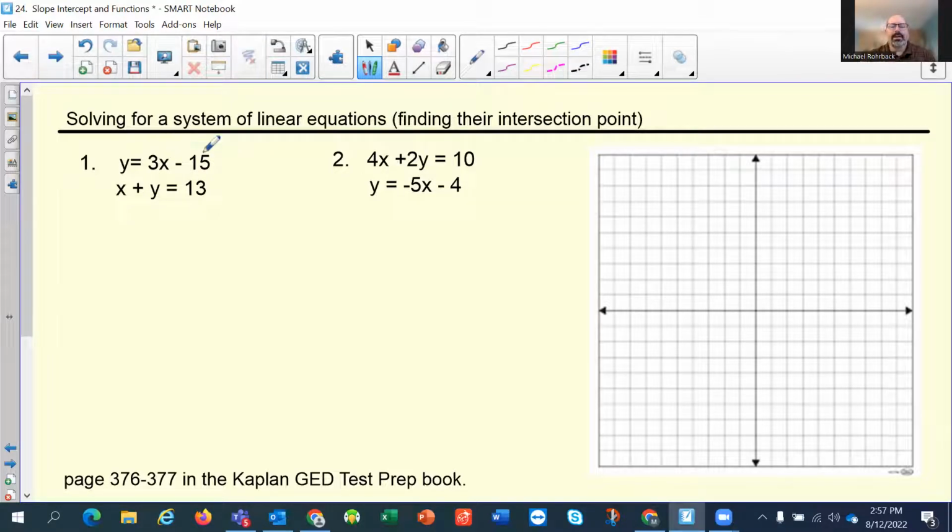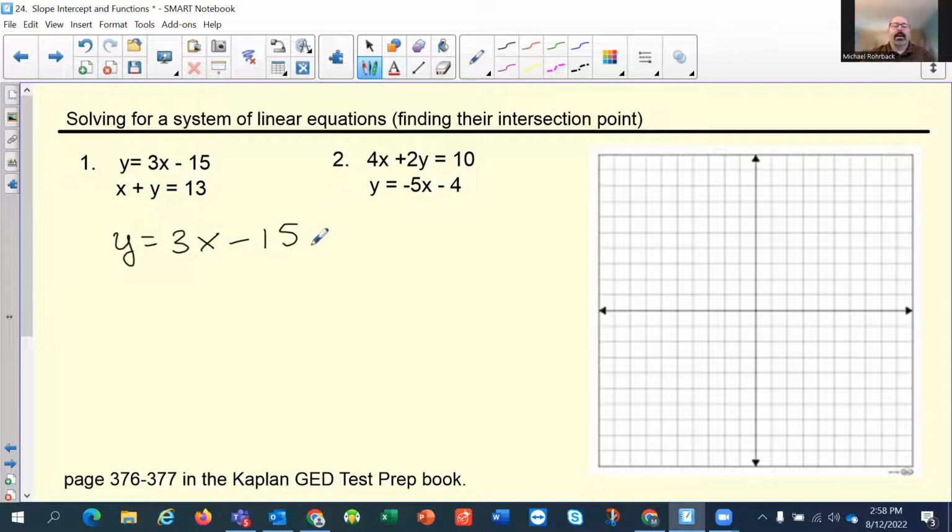One way you could do this is by sketching both of these on a graph and just looking at where they cross. We would start with one of our equations, y equals 3x minus 15.